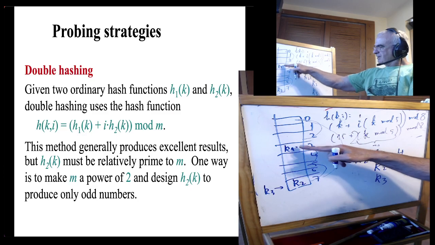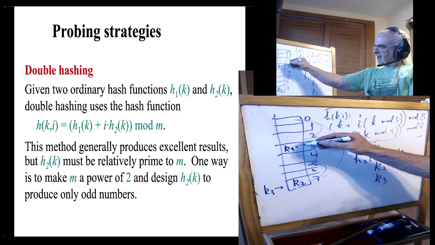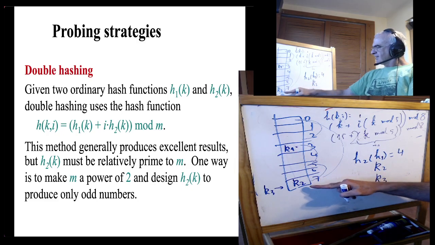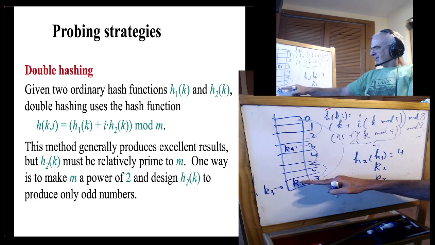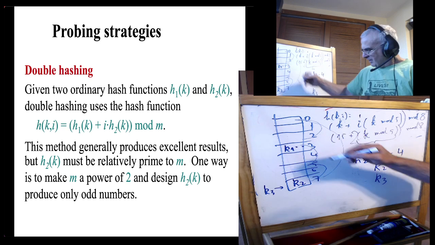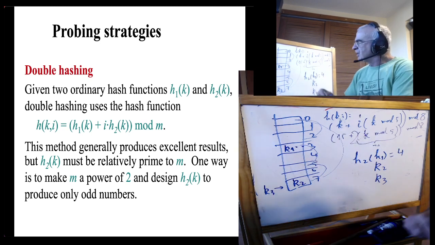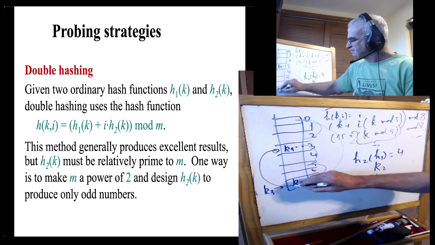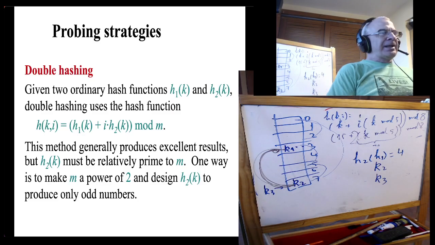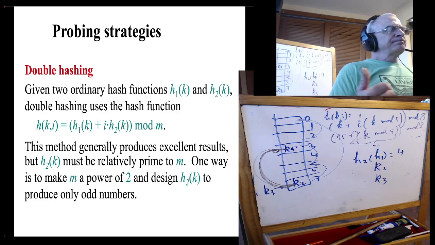So let's increment i, and now I'm looking at this cell plus 8, which is 0, so I'm back to this cell. And all I do in my 8 attempts is just jump between these two cells exactly 8 times. Makes sense, right?